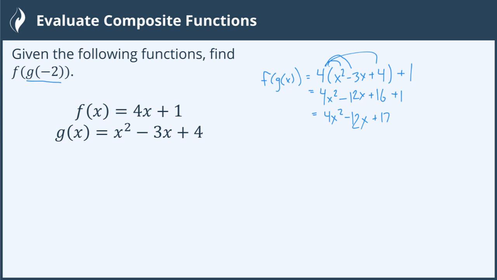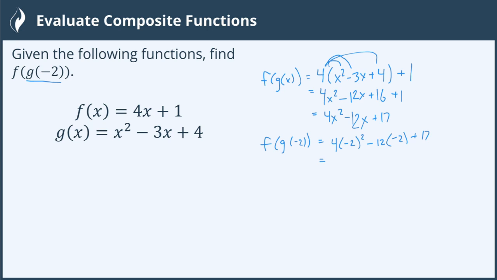So now I need to take a negative 2 and use that as my input into this new composite function. So everywhere I see an x, I'm going to put a negative 2. Let's do some evaluation here.